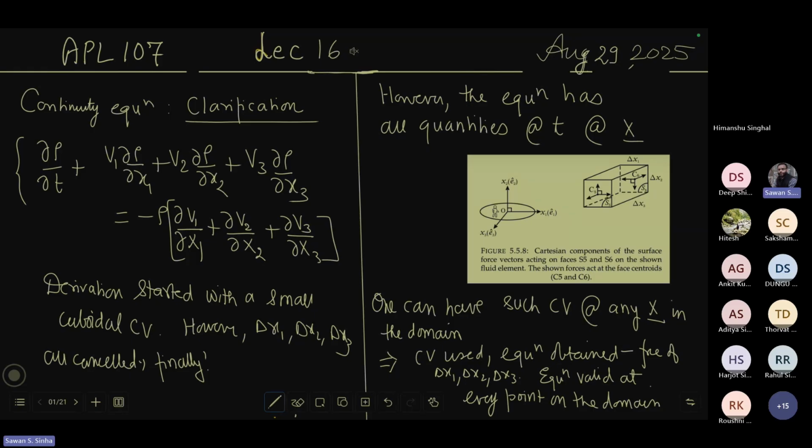Now this is the continuity equation that we derived on Wednesday. How did we derive this equation? Yes, to derive this equation I used a control volume like what I have here. I started with a cuboidal control volume.